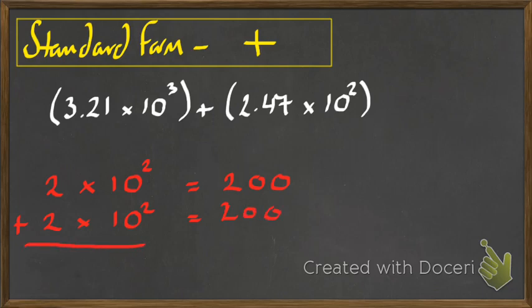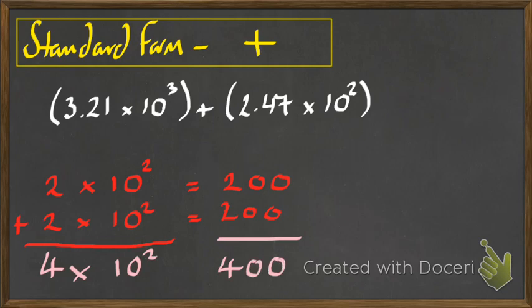That's exactly the same as saying that if I add 2 and 2, I get 4 times, and I've got the same number to the same power. All I do is just bring it down, because I know that 10 squared here is 100. 100 times 4 is 400. Neat trick, eh? But the key thing is that as long as the powers are the same, then I can do straight addition there. So that's the idea.